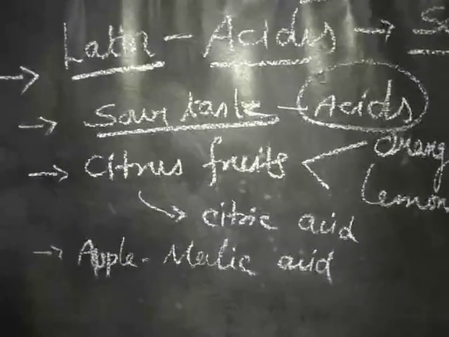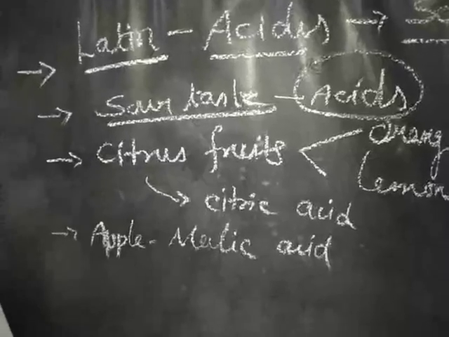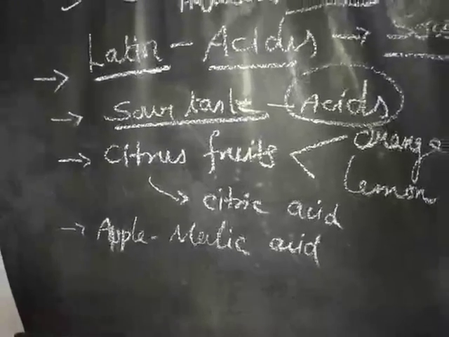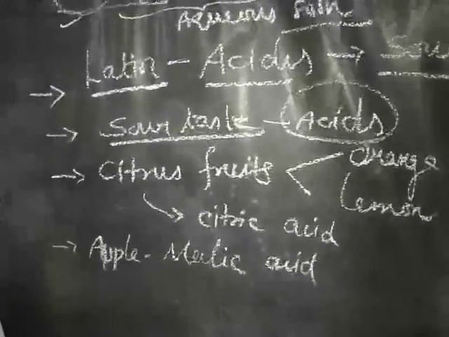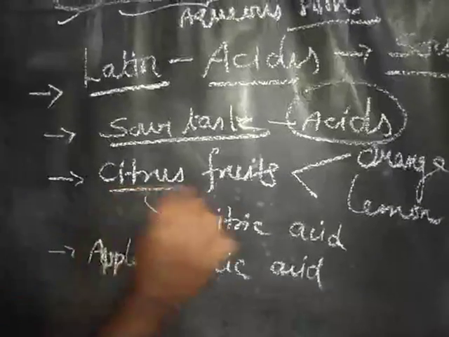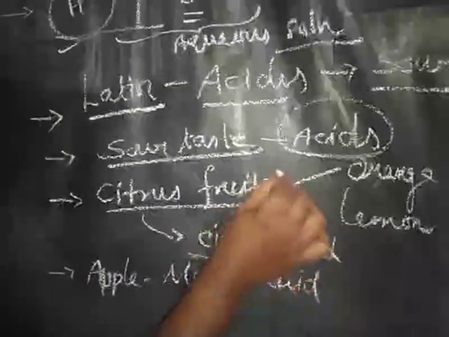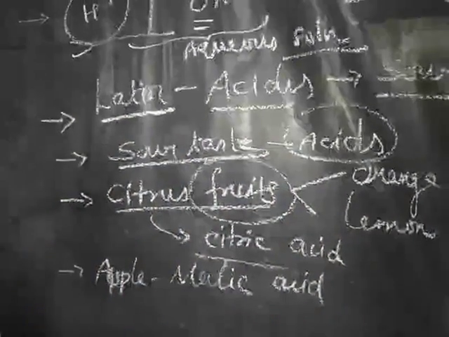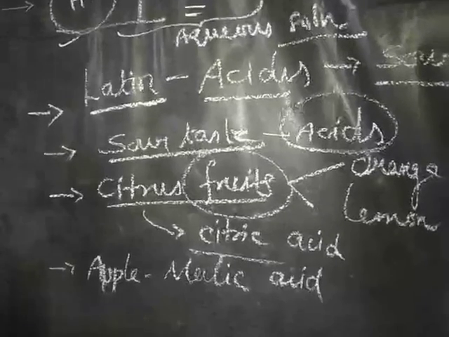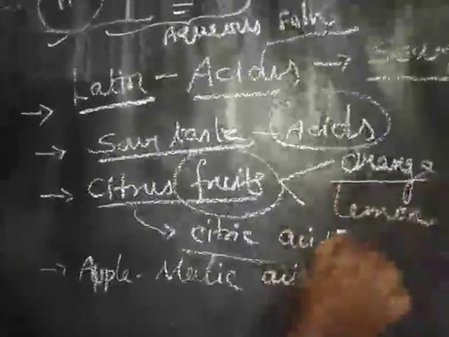Different types of acids and food materials are given in our textbook, page number 163, in a tabular column format. We already studied this in lower sections. What is meant by citrus fruits? Why are they called citrus fruits? Because orange and lemon contain citric acid.